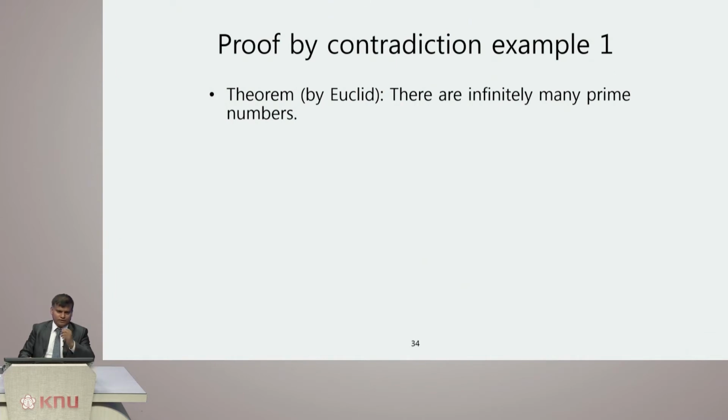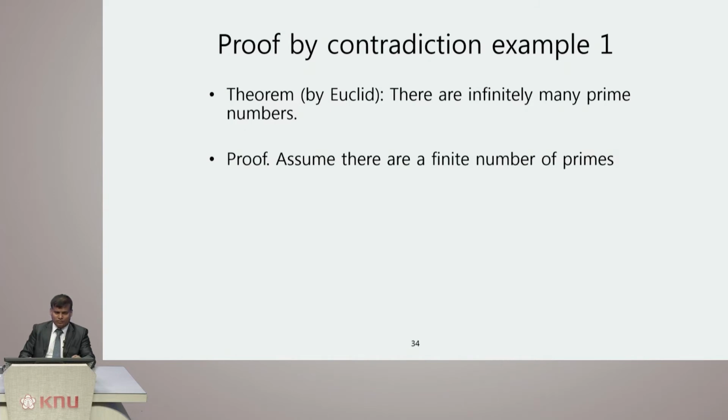So by means of this proof by contradiction example, the theorem of Euclid, there are infinitely many prime numbers. Coming back to the idea that we have discussed earlier, assume there are a finite number of primes.